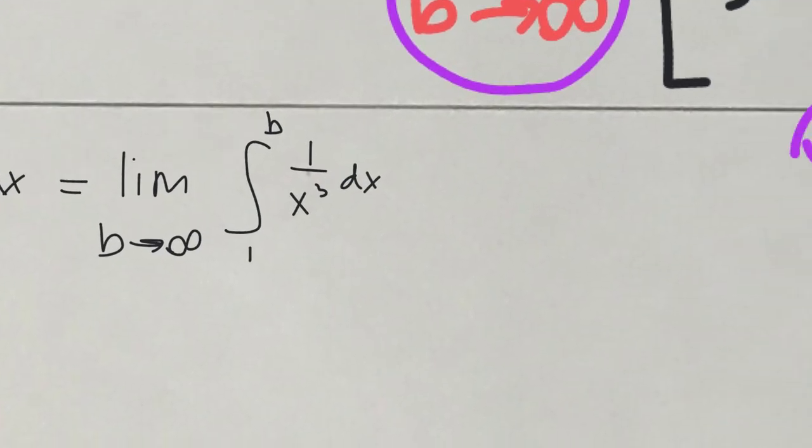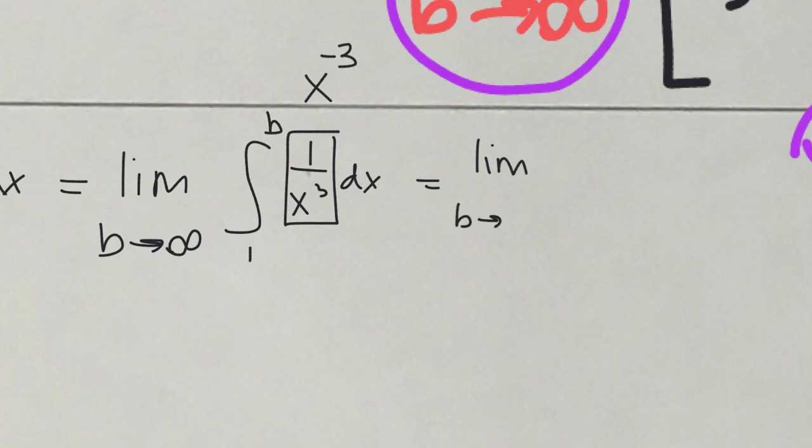Now maybe it might help us to rewrite 1 over x cubed in its polynomial form, which is x to the minus 3 power. Because this is not a natural log antiderivative. x cubed is not linear, so we change it into a polynomial so we can apply the power rule.